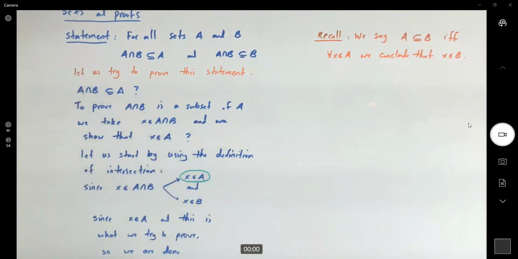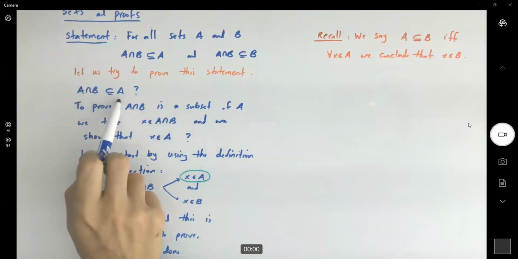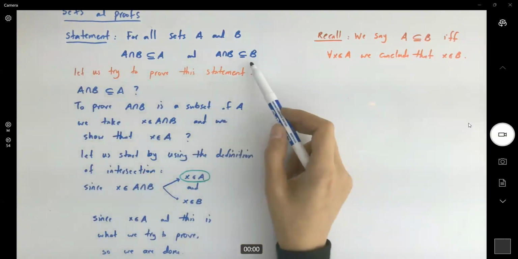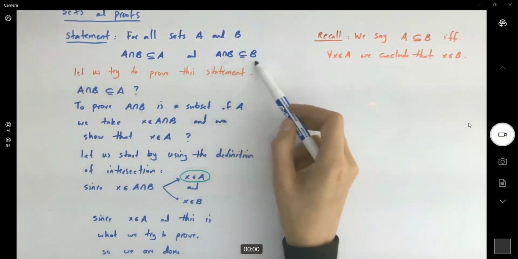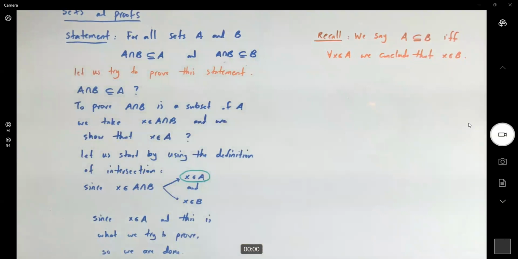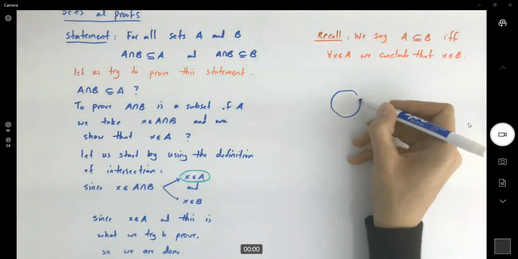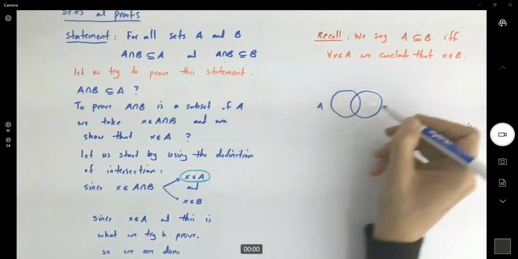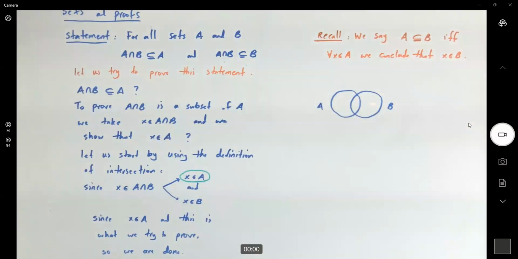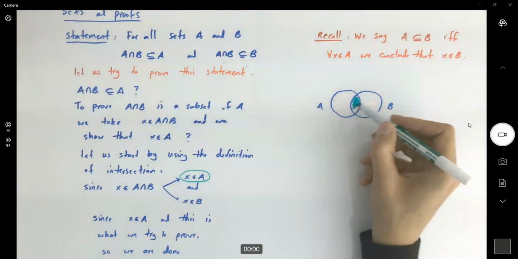So we just proved that the intersection between A and B is always included in A. With the same argument, you can show that the intersection between A and B is always included in B as well. If you think about the intersection of two sets in a Venn diagram, if you have set A and set B, recall that the intersection is the set of all common elements.